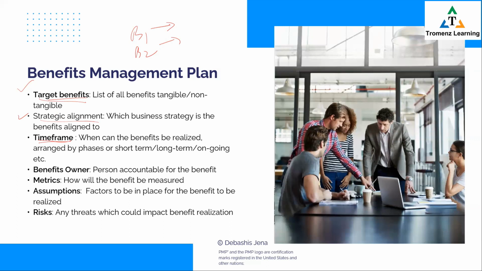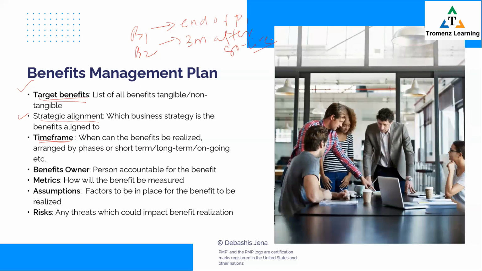So for each benefit, you specify the timeline. When can we expect that? Like I wrote, benefit 1 would be at the end of phase 1 of the project. Benefit 2 would be 3 months after go live, as an example. So for every benefit, you'd have a time frame so that we know when to measure and report on it. Then we have the benefits owner.